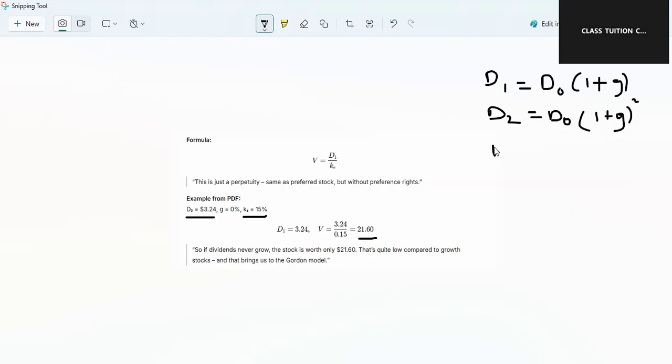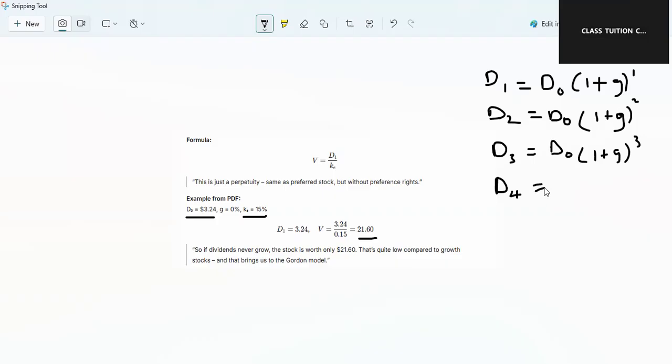Okay, how about D3 based on D0? Can somebody try? This will be D0 times (1 plus growth), the power what? 3. Power 3. So sometimes the growth rate may be the same in the first 3 years, maybe it changes in the fourth year. So D4, you cannot start from D0, because now you're continuing from the previous year.